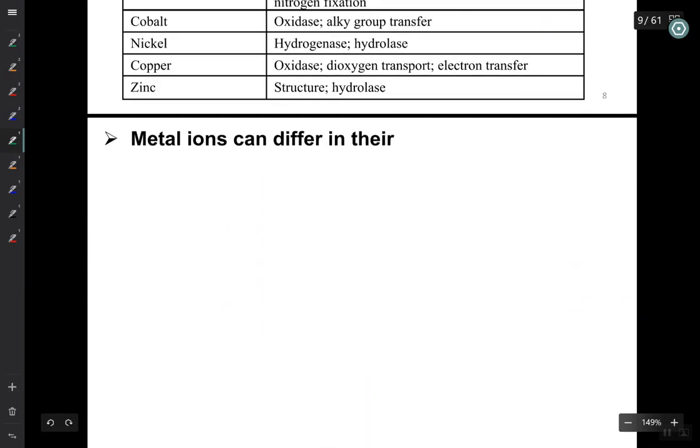If you've taken inorganic chemistry, I think most of you guys have, you know that metals can differ in many different physical and chemical properties. For example, they have different coordination geometries.